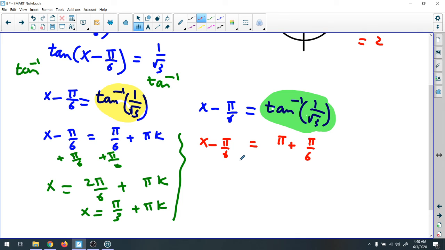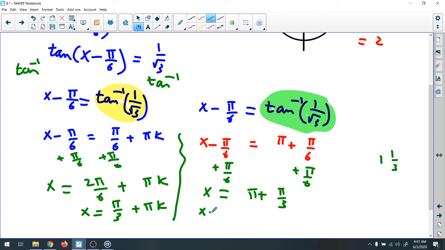Then we add pi over 6 to both sides, and they cancel out. Then x equals pi plus pi over 3. 1 pi plus 1/3 pi is 1 and 1/3, and as a proper fraction, 1 times 3 is 3, plus 1 is 4, so 4/3.